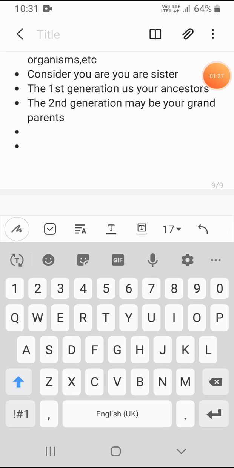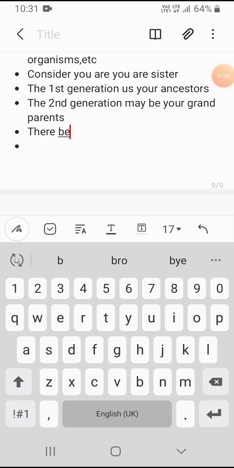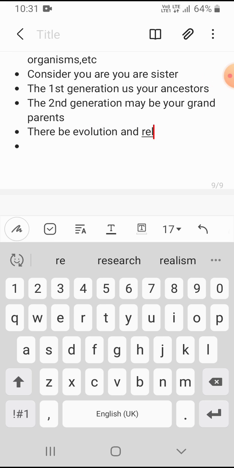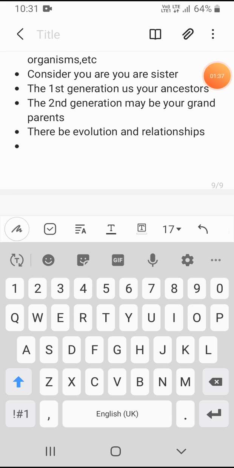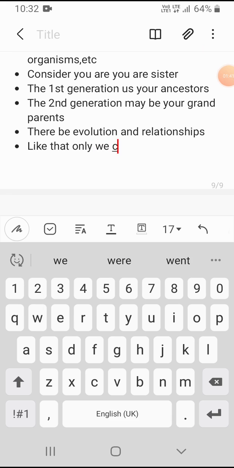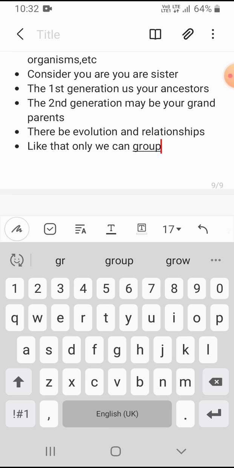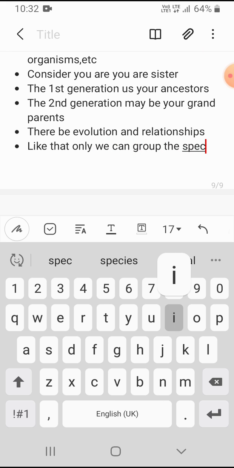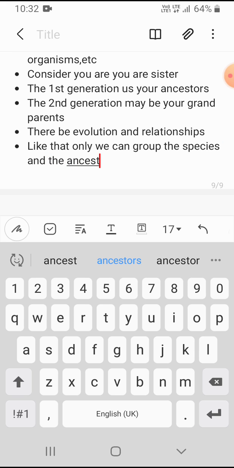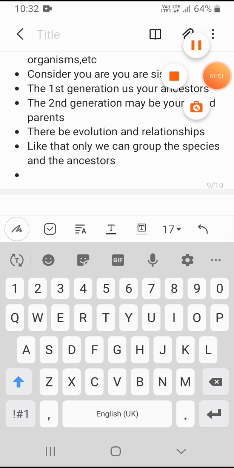So like this only there will be evolution and relationship in every organism or every species in this environment. That only, we can group the species and their ancestors from which they have come.